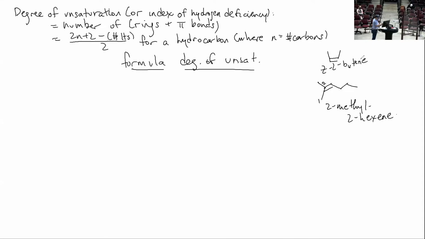Absolutely, completely acceptable. And if you wanted to call trans-2-butene E-2-butene, you certainly can. It's absolutely correct. Nothing wrong with it. I think those were really the only other things I meant to say about cis-trans and E-Z.